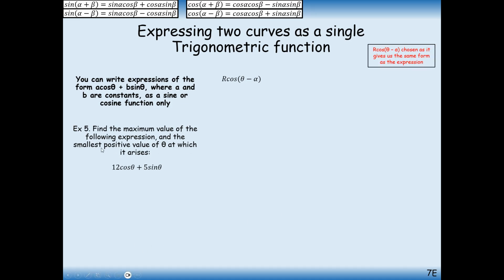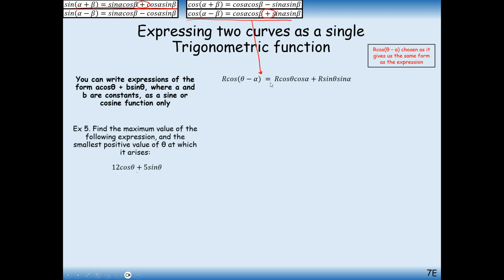We're also asked for the smallest positive value of theta that will give us the maximum. It doesn't matter whether you go for sine or cos; we have an addition between these two terms. That means we either have to use this expression or this expression here. Either one would work, but we have gone for this cos.